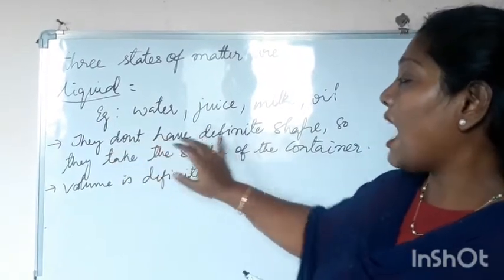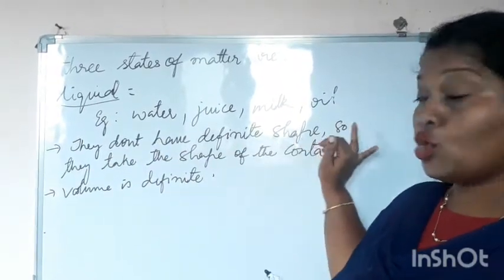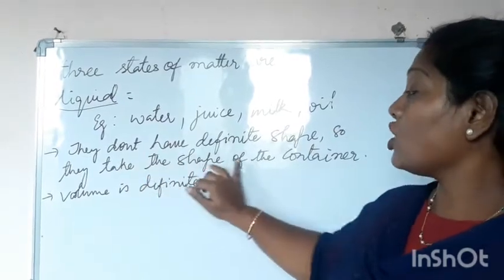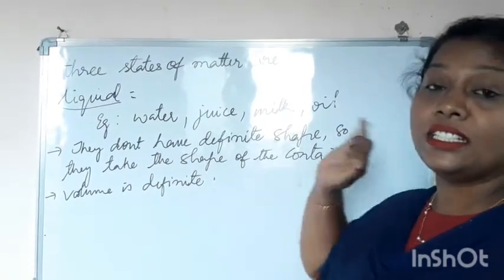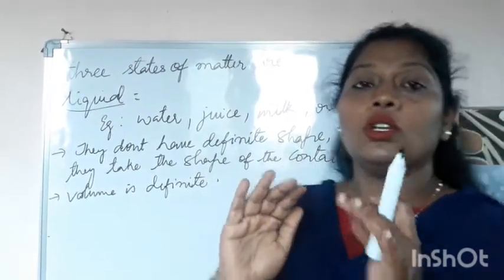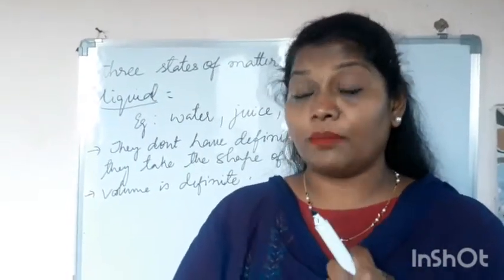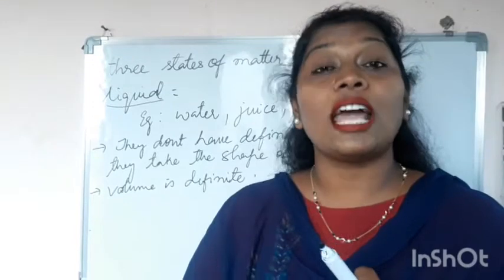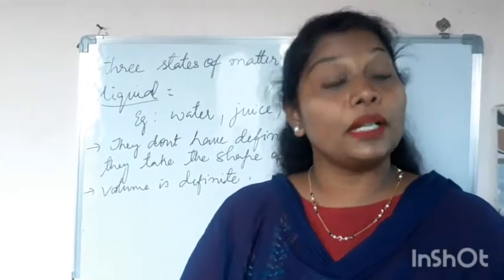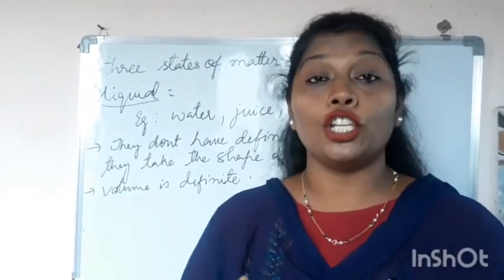They don't have a definite shape, so they take the shape of the container. Now, let us think. The liquids do not have a definite shape, but they have a specific volume.